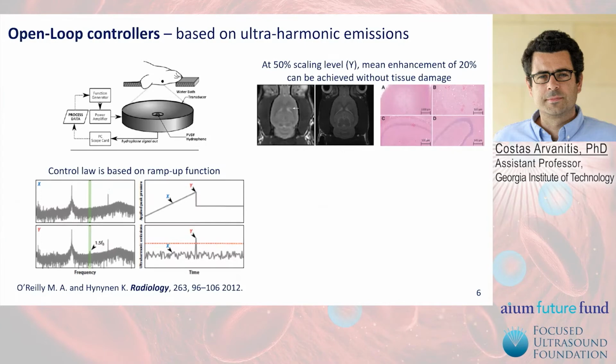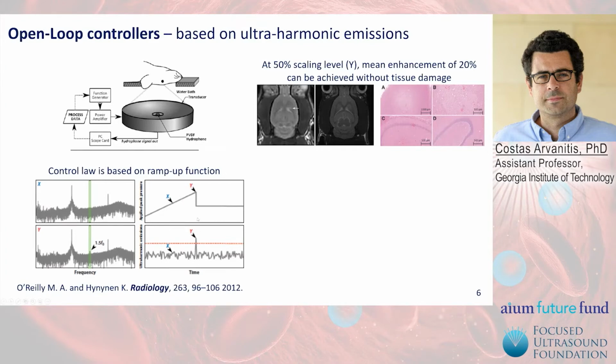At the same time, maybe a few months earlier, O'Reilly and Hynynen et al. from Toronto University employed ultraharmonic emissions to control the level of blood-brain barrier opening. And the optimal power threshold with this approach is determined by incrementally increasing the power at short intervals, as you can see here in the X, until an ultraharmonic signal could be detected using a real-time passive cavitation detection system.